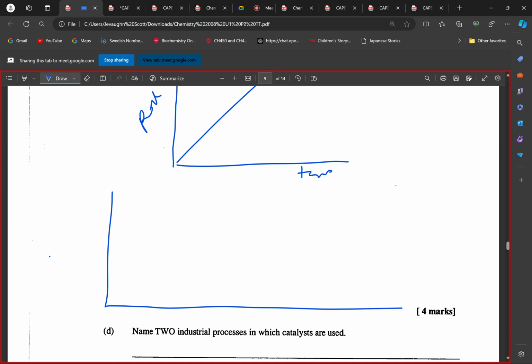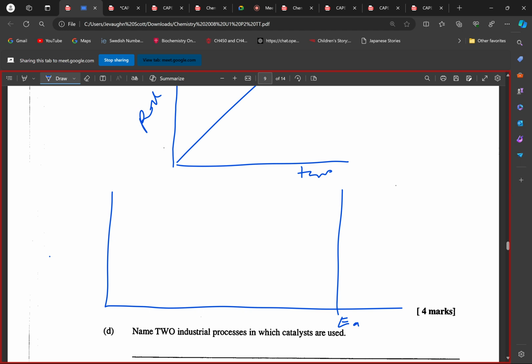All right. So let's say that we have an activation energy here. Let's call this the activation energy EA. So with catalyst now, we decrease the activation energy, so we shift the activation energy line. But with temperature now, it doesn't change the activation energy.